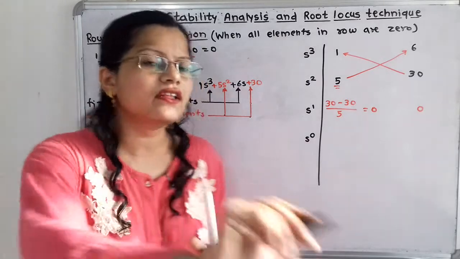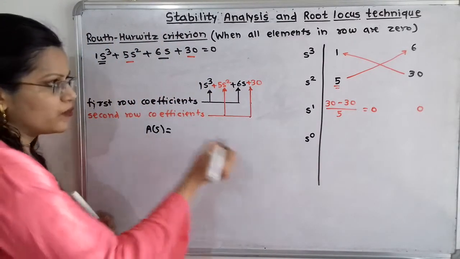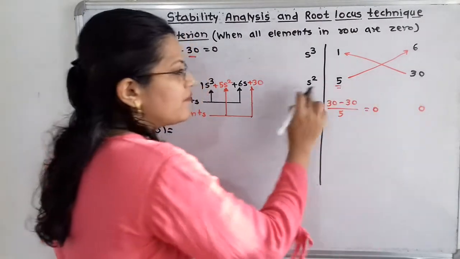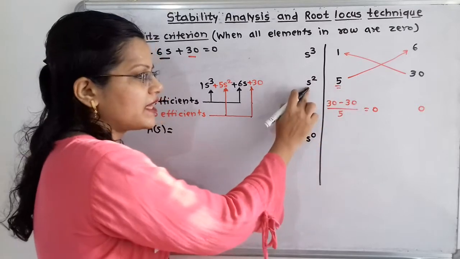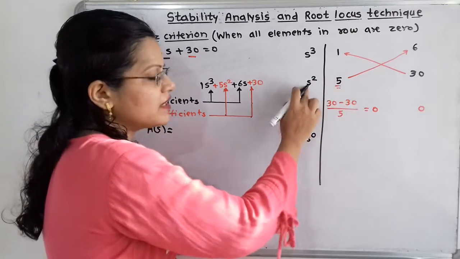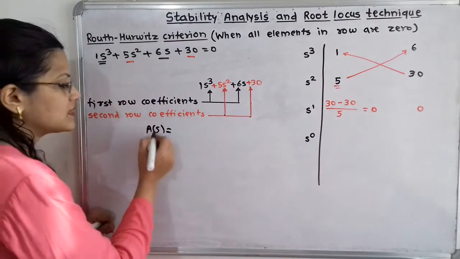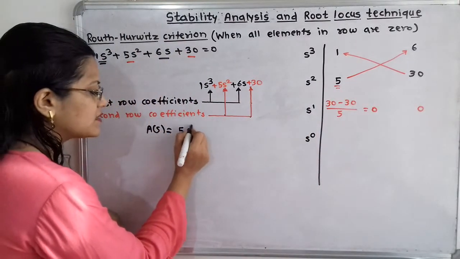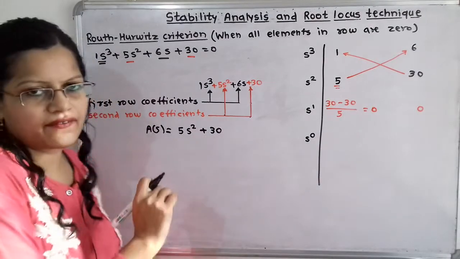I will write the auxiliary equation, A of S is equal to... Now this is the row in front of S square. So I will multiply the first number with S square, that is 5s square, and add the second number, that is 30. So the auxiliary equation is 5s square plus 30.